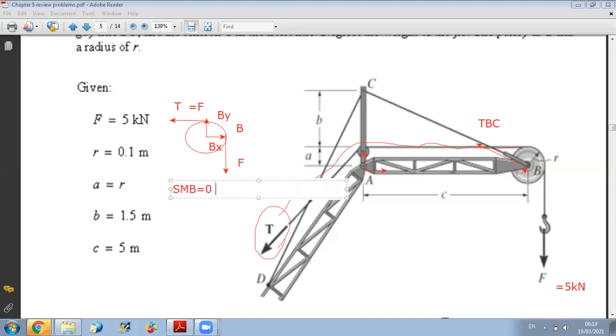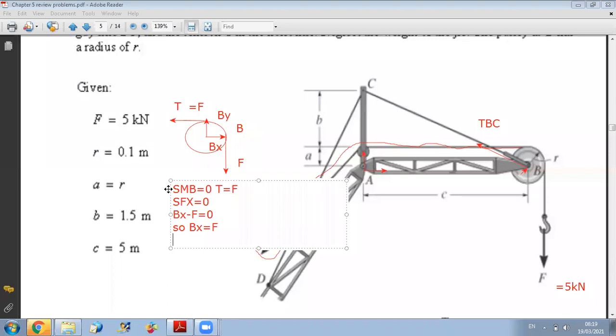If I do sum of moment about O, I get T equals F. Now to find Bx and By, I do sum of x equals 0. Here the forces acting along x are Bx and minus F. So Bx minus F equals 0, so Bx is equal to F. And also the same for By.